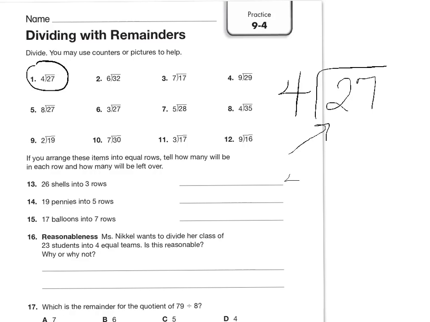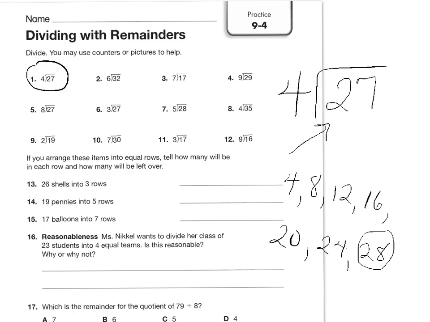I'm counting by 4s: 4, 8, 12, 16, 20, 24, 28, and now I have gone past 27. So since I am over 27, I need to go back to the one that's closest to 27 without going over. In this case, it's going to be 24.